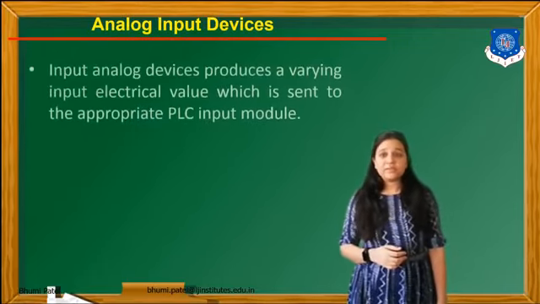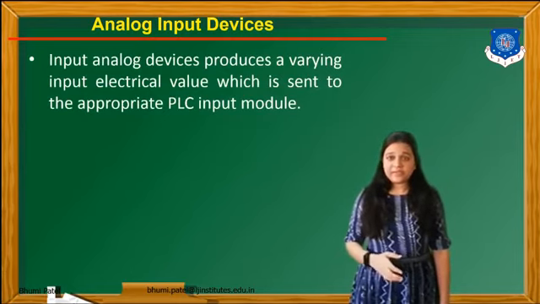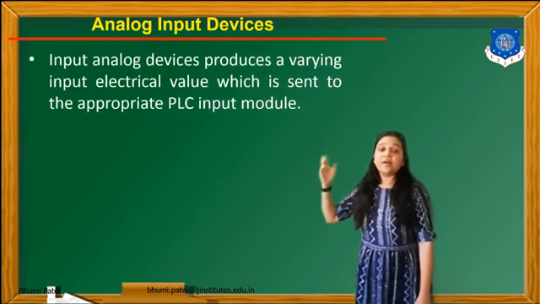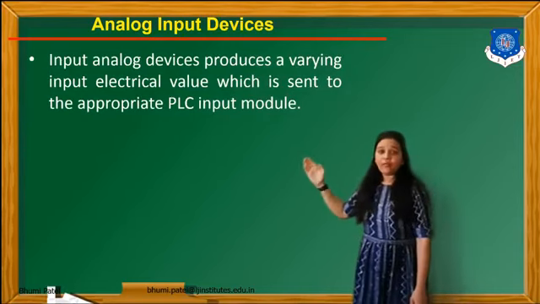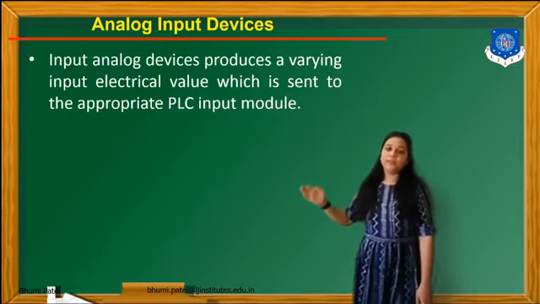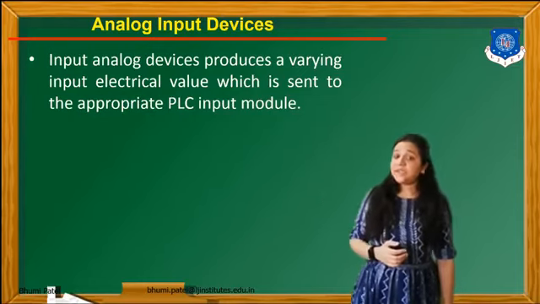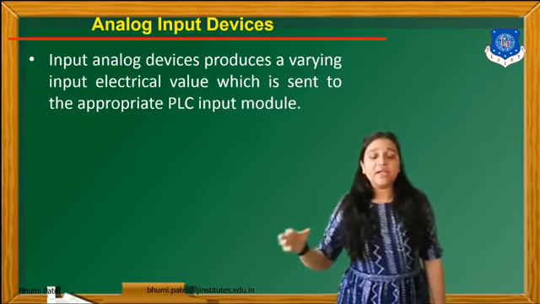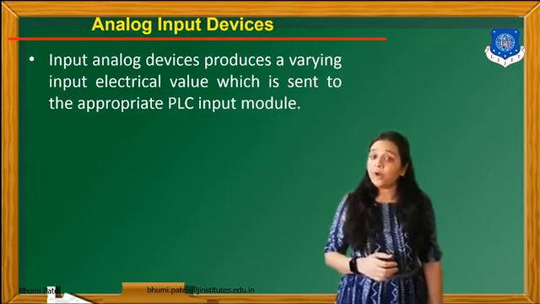The next one is the analog input devices. Input analog devices produce a varying input electrical value which is sent to the appropriate PLC input module. As we studied in chapter number 1, we can connect a PLC input module to the PLC block diagram.